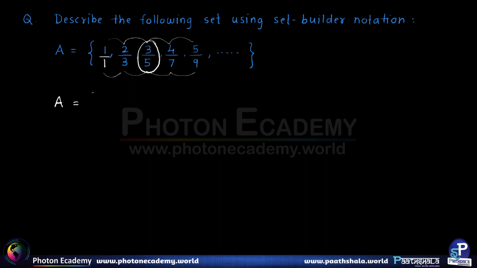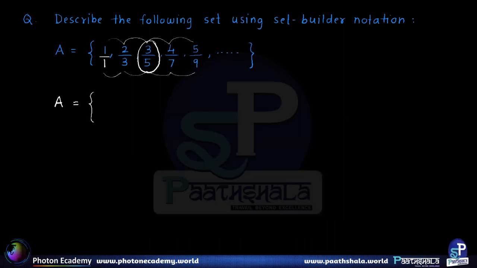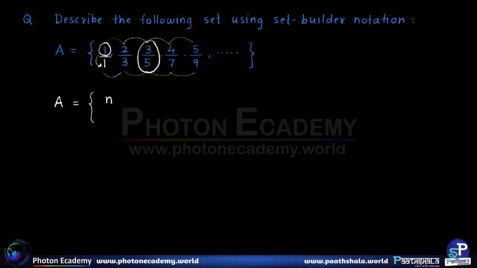Okay, so for that, let us generalize like this. If we indicate the numerator as say n, then the denominator will be the nth odd number, isn't it? So when the numerator is 1, what is the first odd number? That is nothing but 1. When we have numerator as 2, what is the second odd number?